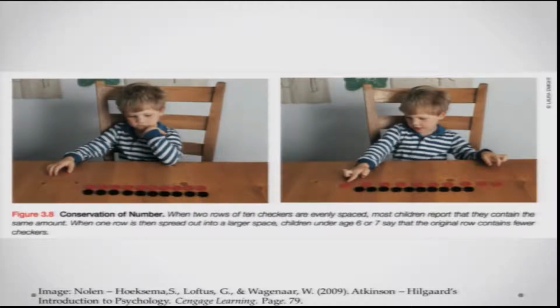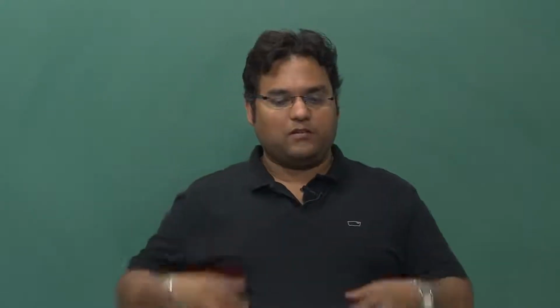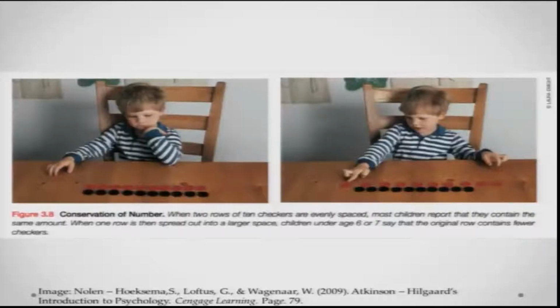But if you look at the next picture, you put the red coins in a more spaced manner, and when you ask the child the same question again, the child says there are more red coins than the black coins. So again, conservation of number is really not there. Children under age 6 or 7 would say that the black row now contains fewer coins.